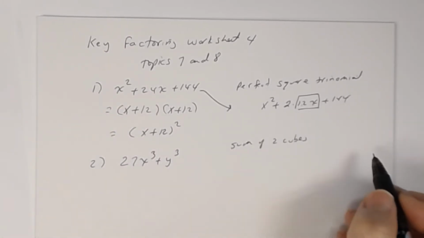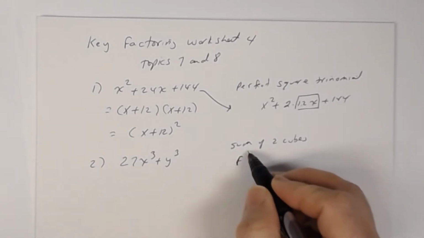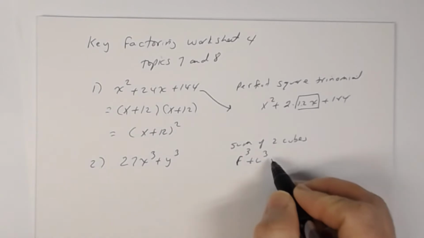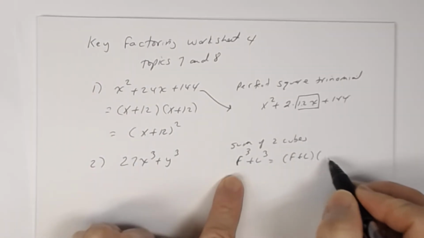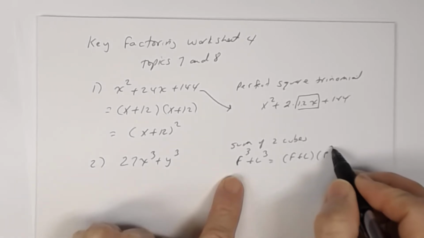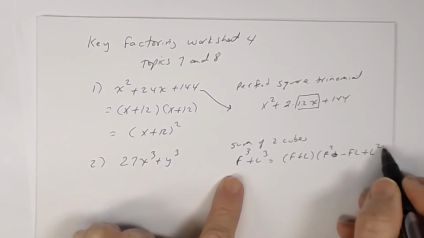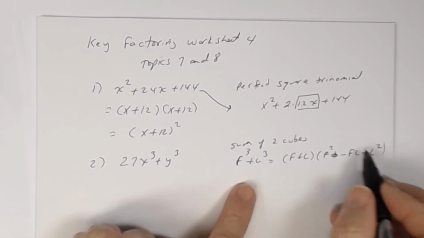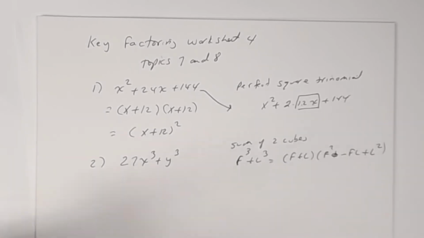And the formula for the sum of two cubes, and remember this, I'm going to write it as f cubed plus L cubed, will be a binomial, f plus L, times a trinomial, f squared minus FL, plus L squared. So that's what the sum of two cubes can be factored as.